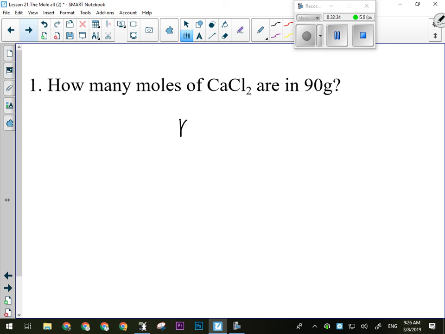Remembering that the mole equation looks like this, n equals little m over big M. n is the number of moles, so that's what I'm looking for.